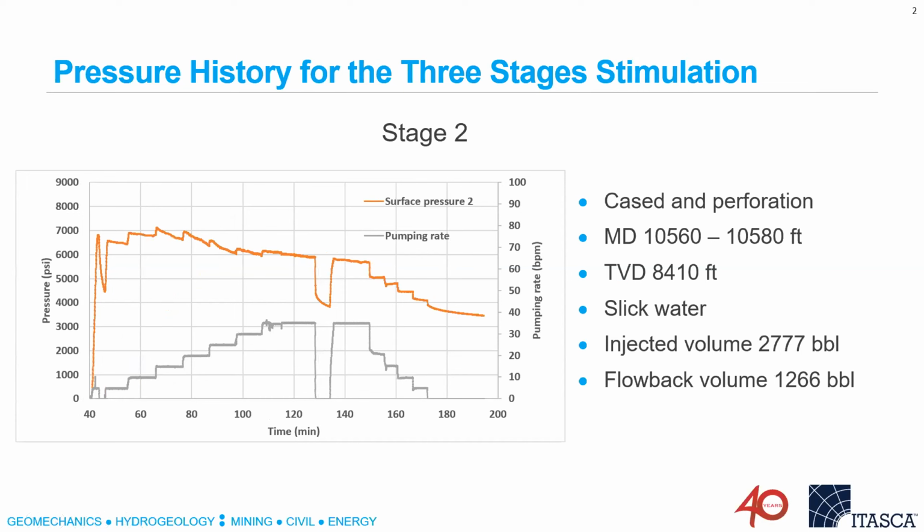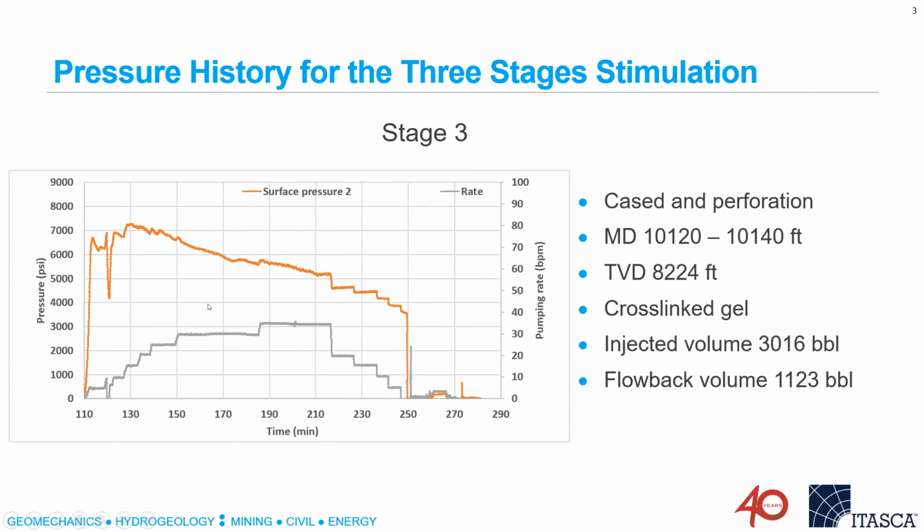So the second stage is case and perforation, also with slick water. And we see just from the surface pressure, it's kind of decreasing after like 17 minutes. And again, we have stage 3.